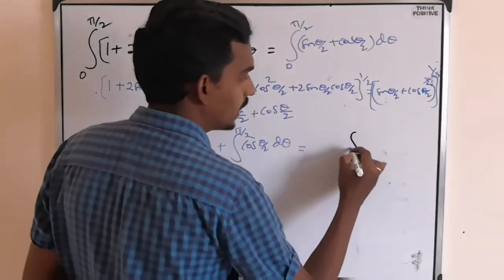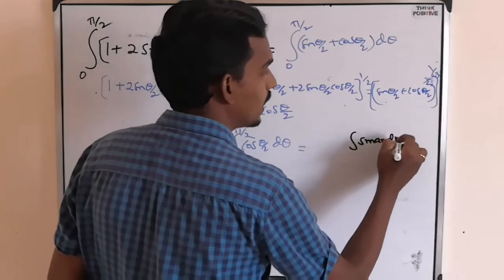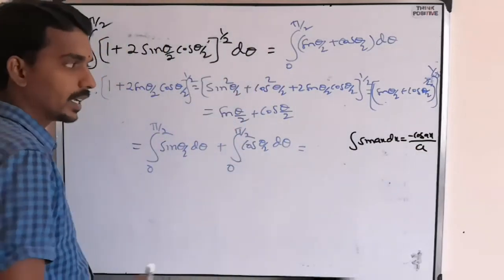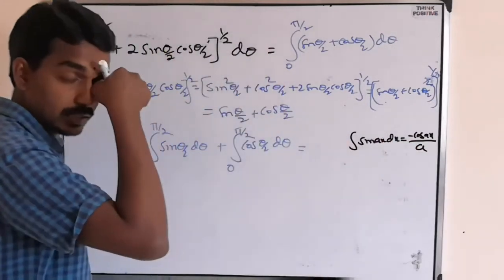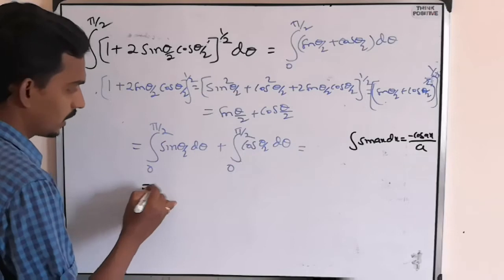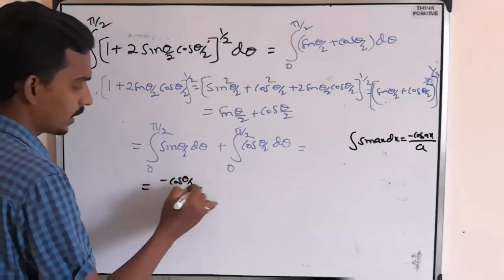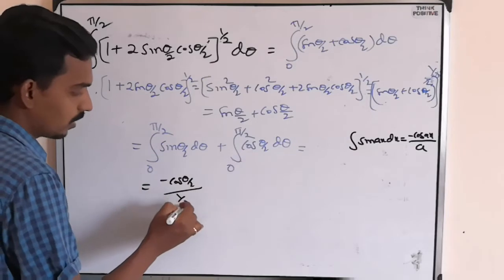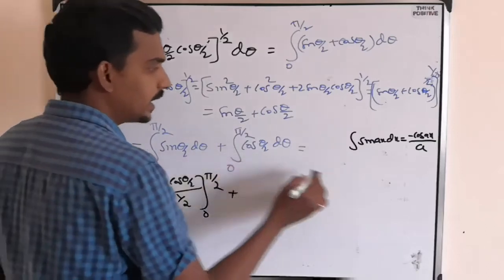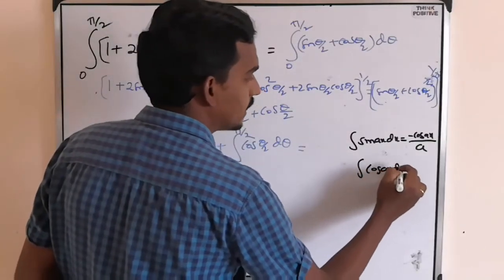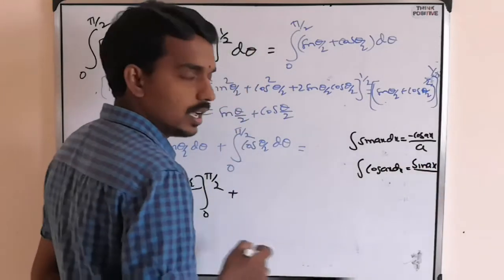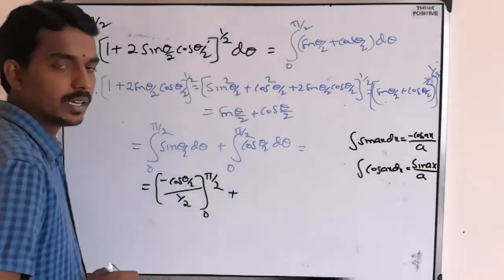I told you this formula: integration of sin ax dx equals minus cos ax by a. Integration of sin is minus cos, and the x coefficient becomes the divider. Then here it will become minus cos(theta/2) by, what is the coefficient? 1 by 2, from 0 to pi/2, plus integration of cos ax dx. Integration of cos is sin, and the x coefficient becomes the divider.